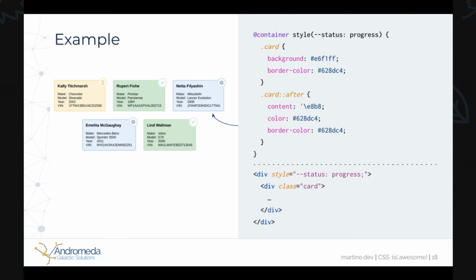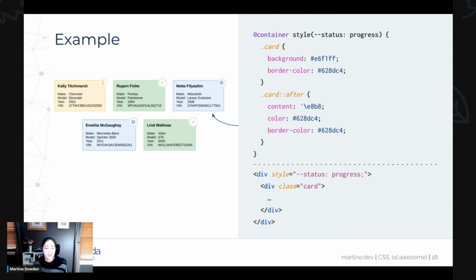Basically, what this does is allow us to look for a particular custom property or CSS variable, and if the custom property is equal to whatever, then apply these styles. So it allows us to set a custom property in one place and have it trickle down the application and conditionally style things based on that.